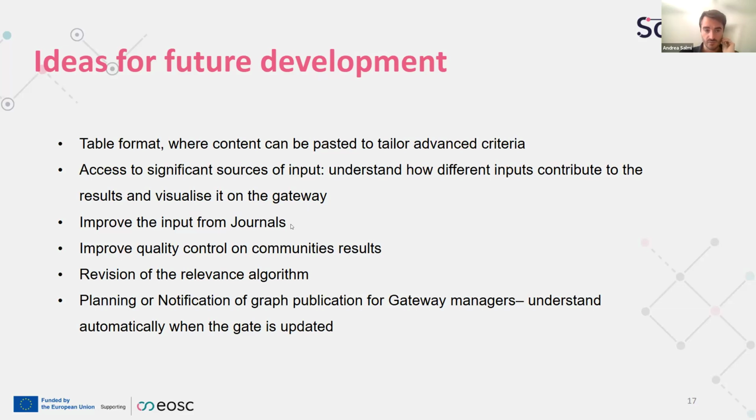Then it would be useful also to improve the input for journals. I've seen that most of the journals that we selected in our case have just few outputs, while maybe also the communities in terms of data sources may bring some noise, and the sources that were bringing more content were less relevant, but also less characterized, with little information and few metadata.